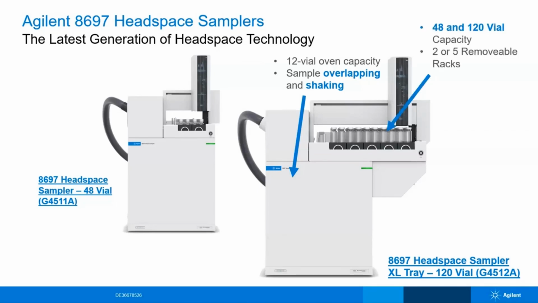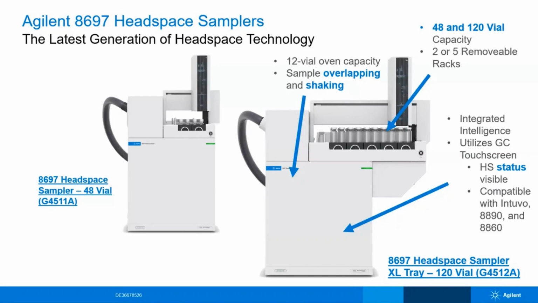You have a 48 vial 8697 version, the G4511A, as well as 120 vial G4512A, the XL tray version. Those trays are also removable so that they can be easily swapped out, and you can actually have a continuous rotation of samples being loaded onto trays, in and out of the trays, and then on the bench top.